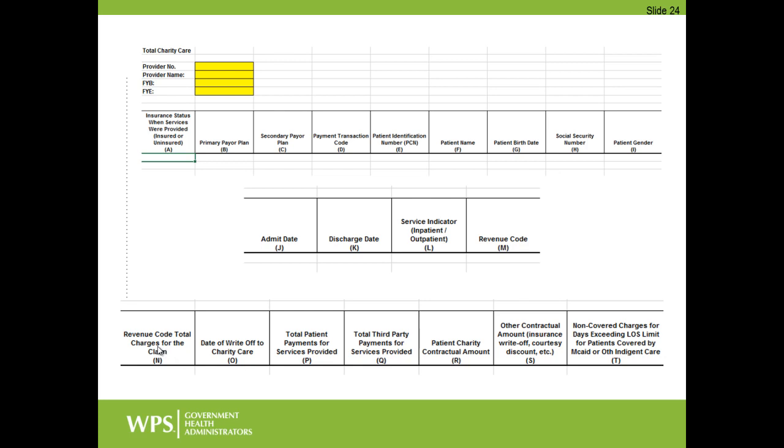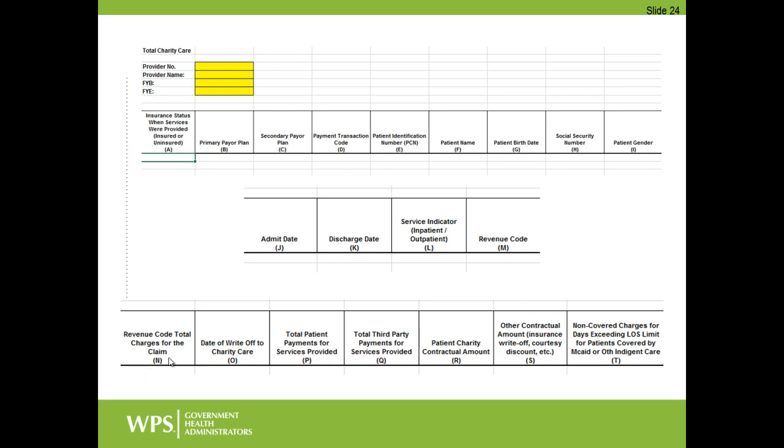Now, revenue code total charges for the claim. So this is, as the name implies, the total charges for that claim. Now, of course, some portion of that claim would have been required to be approved for charity care, otherwise it doesn't belong on the listing at all. But for a claim that's on the listing, we need to see the total charges here.